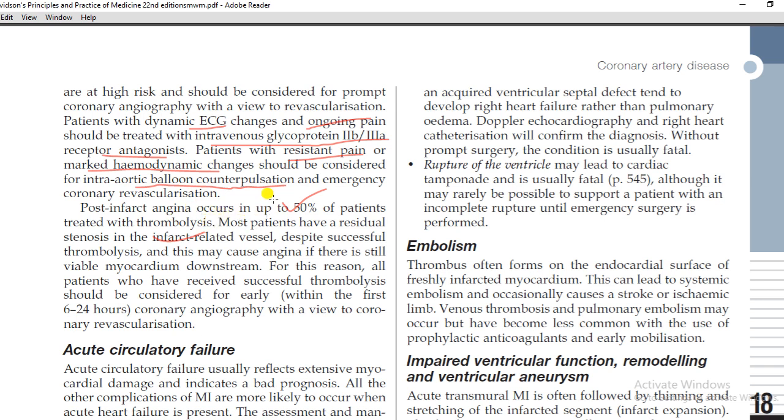Most patients have residual stenosis in the infarct-related vessels. So if there is an infarct in a particular vessel and thrombolysis is done, there will still be residual stenosis at that point, and it will cause angina if there is still viable myocardium downstream. For this reason, all patients who have received successful thrombolysis should be considered for early coronary angiography with a view to coronary revascularization.